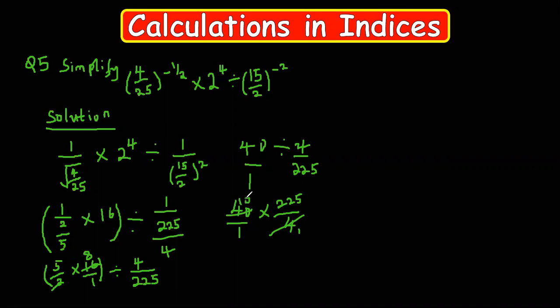So we have 10 times 225, which is going to be 2250. So we have 2,250 as our answer.